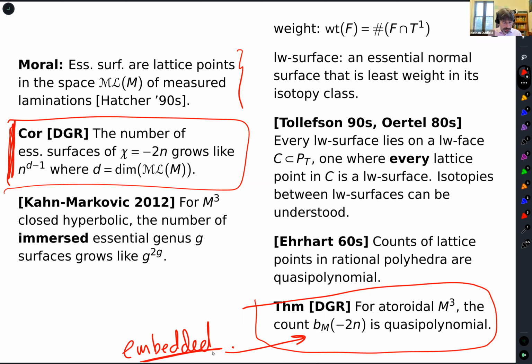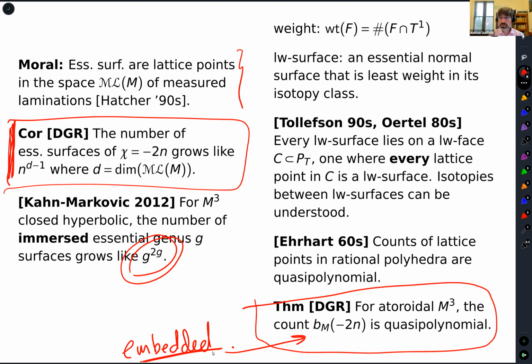Kahn and Markovic proved that if we have a closed hyperbolic three-manifold, the kind we've been talking about, atoroidal manifolds, then the number of immersed essential surfaces of genus g grows like g to the 2g. So it always grows, independent of the manifold, super exponentially. Whereas the embedded ones, the ones we've been counting, grow polynomially.